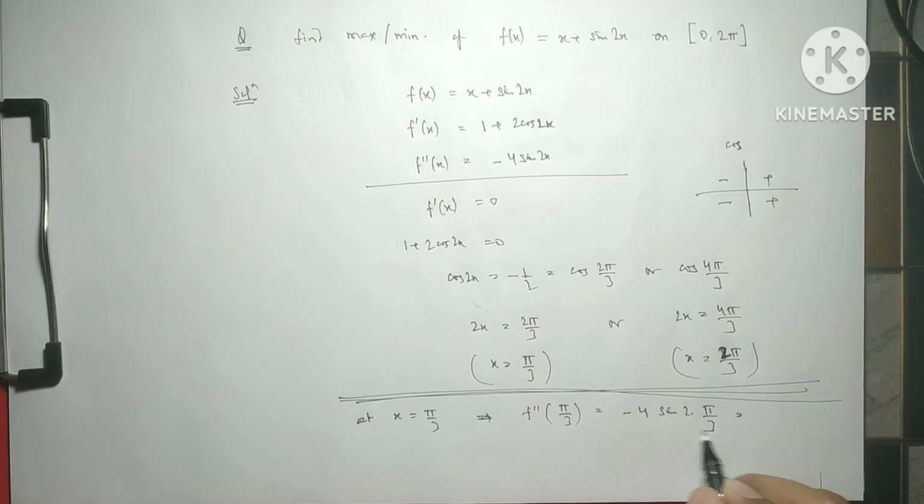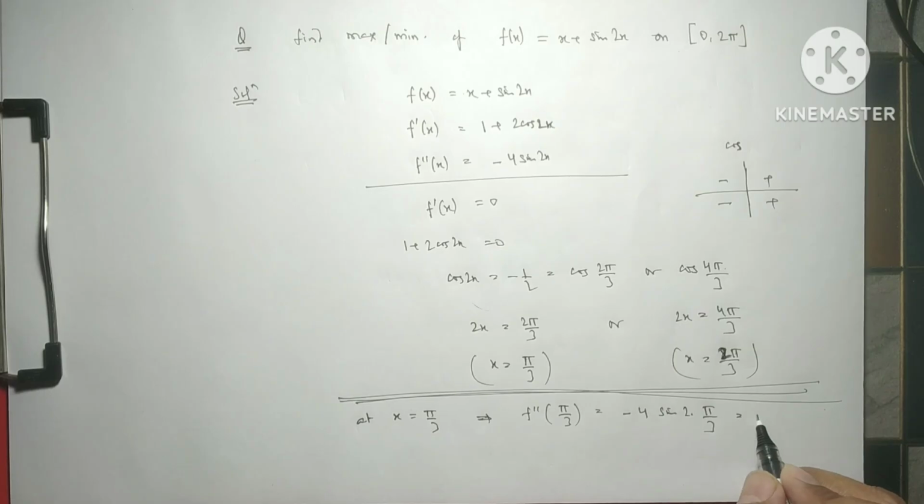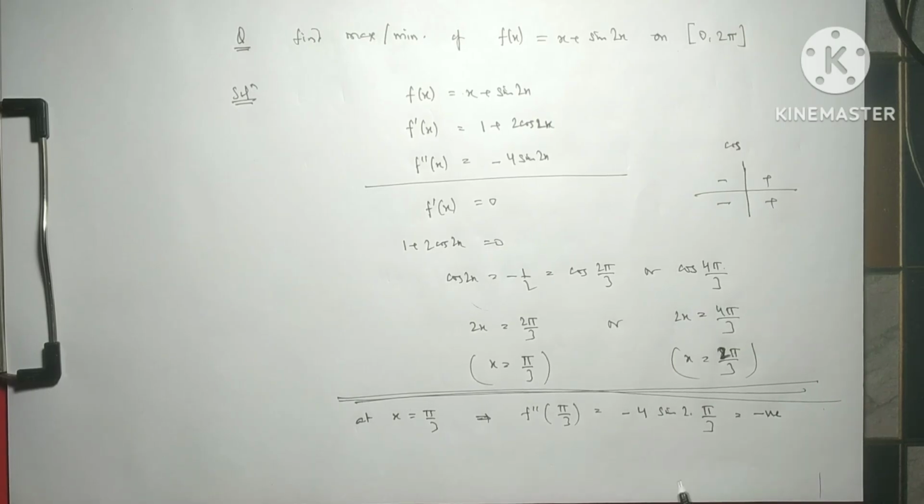So it will be in the second quadrant, sine is positive, so when you multiply with minus, it will be negative. It means this shows local maxima.